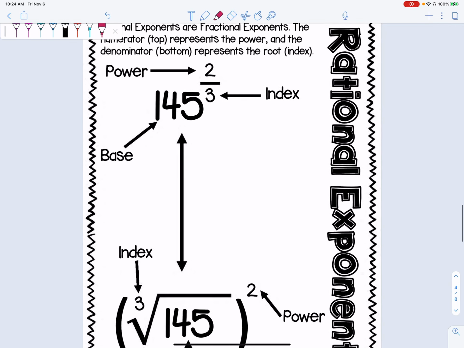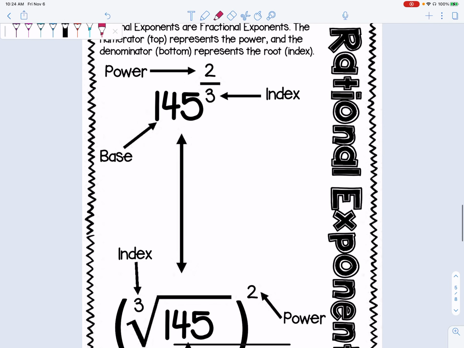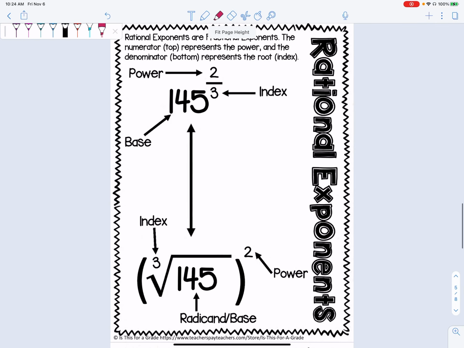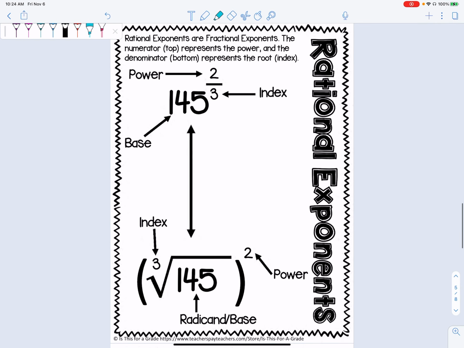So basically what's going to happen is if I had something like 145 to the 2/3 power, the 145 is my base of this exponent problem. It then becomes my radicand. Next, my denominator becomes my index. And lastly, my numerator is now the power on the outside of my radical sign.